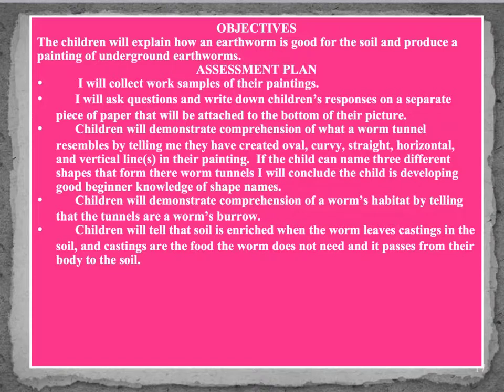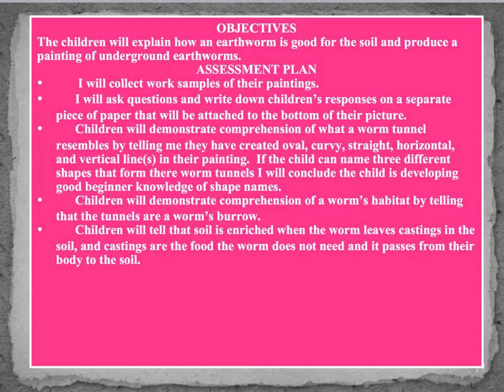Here's an example of objectives and an assessment plan from the worm unit. The student is looking for the children to explain how an earthworm is good for the soil, and that the children produce a painting of underground earthworms.